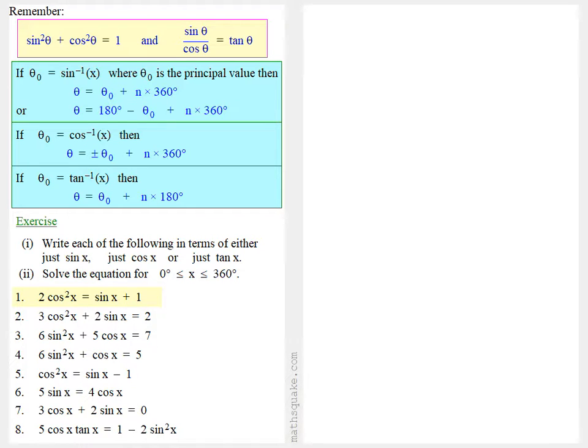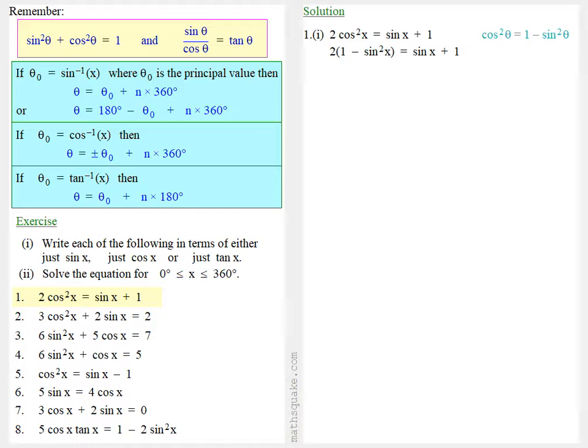Well, in question 1, we're given 2 cos squared x equals sin x plus 1. So to solve this, we'll write it down. Now we know sin squared theta plus cos squared theta equals 1, and so cos squared theta equals 1 minus sin squared theta. Now we can replace cos squared x in the equation with 1 minus sin squared x, and then we can expand the brackets.